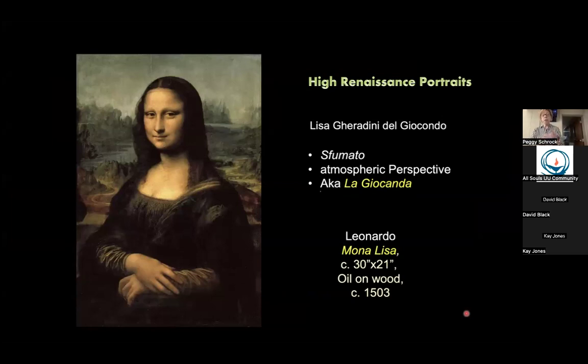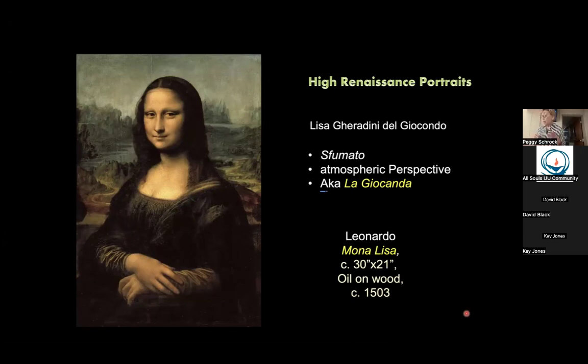His famous portrait of the Lady Lisa, Lisa Gherardini del Giocondo. Art historians will often refer to this as La Gioconda. It's very typical for art historians to call it that rather than Mona Lisa. Mona Lisa is a version of her name.